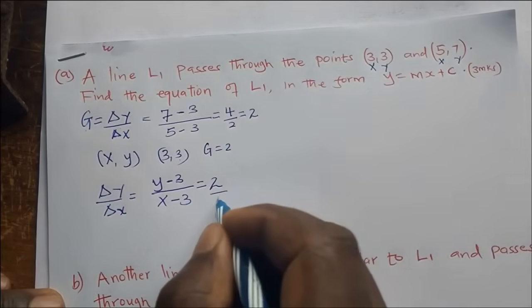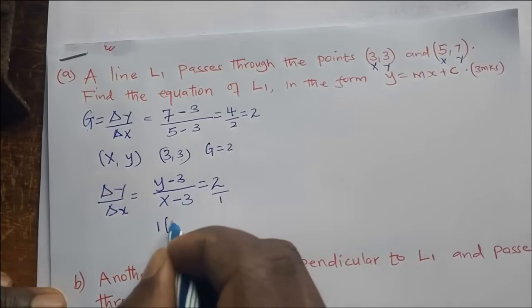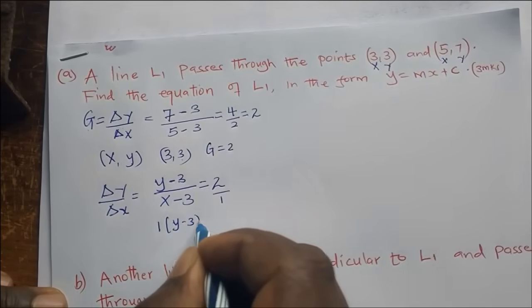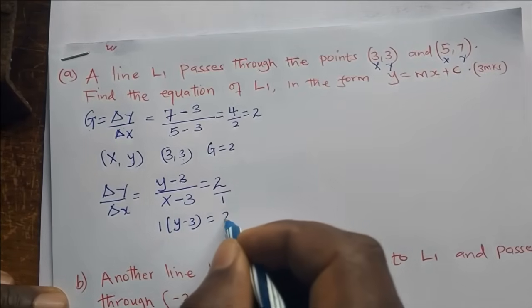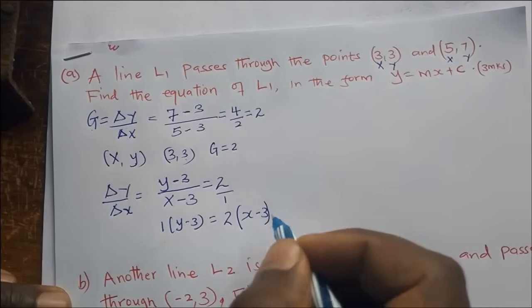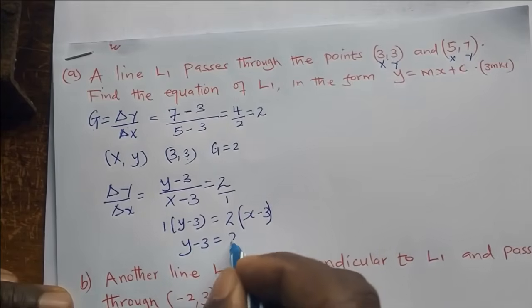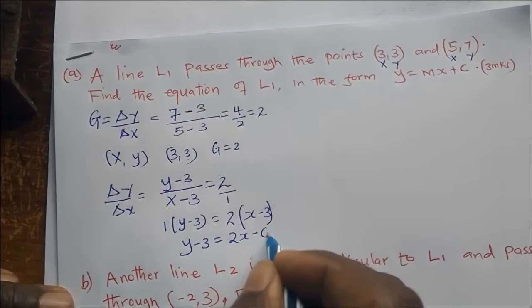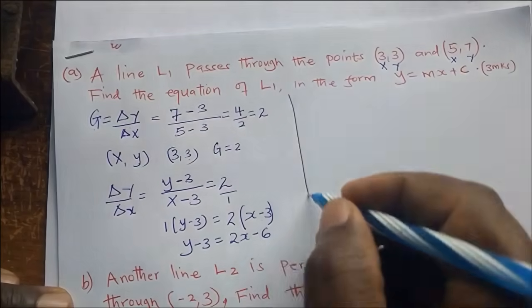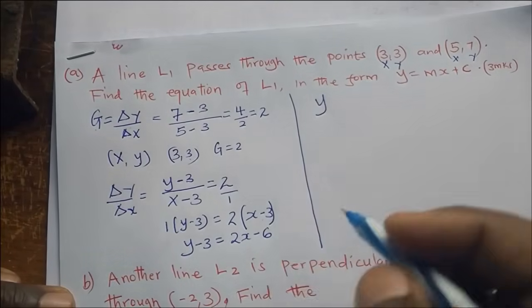So we can put over 1 so that we can cross multiply. 1 into y minus 3 is equal to 2 into x minus 3. So this is y minus 3 is equal to 2x minus 6. You open the bracket. So y, take this to the other side.